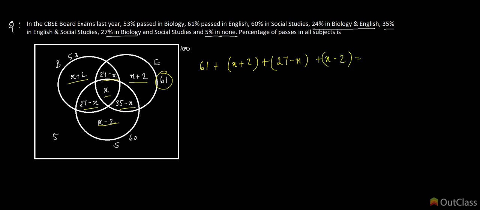You know that 5% is outside the union, so the union is 95. And from here you can solve for x to get the answer. Plus 2 and minus 2 will cancel. You basically have 88 plus x minus x will cancel. 88 plus x is 95. X is 7. So 7% passed all three subjects.